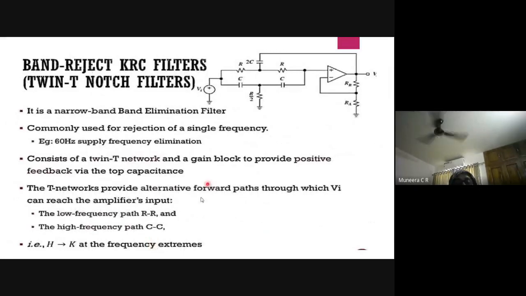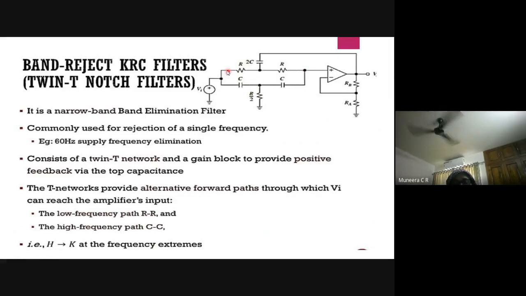Now see how we can realize this notch filter by using a twin-T notch filter. It is a combination of a resistor capacitor combination, and again a capacitor resistor combination. For low frequencies, this path will act to carry the signal here, while for high frequencies the capacitor path will act as the path to carry the signal here.